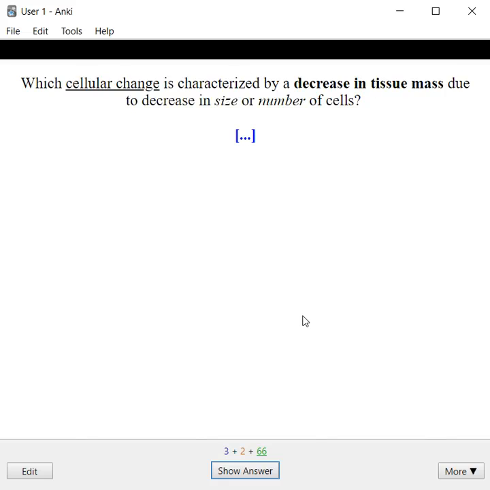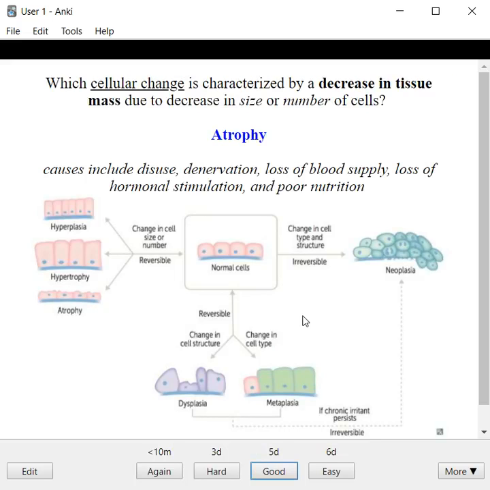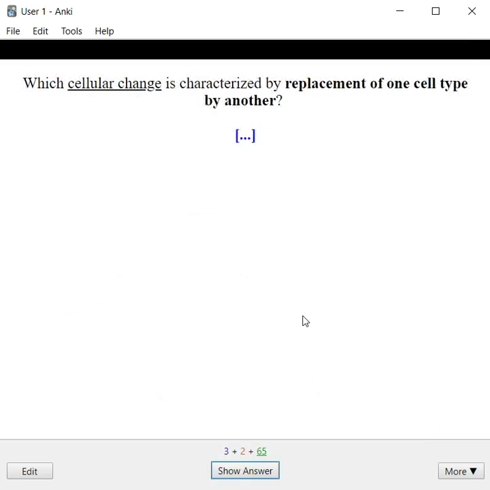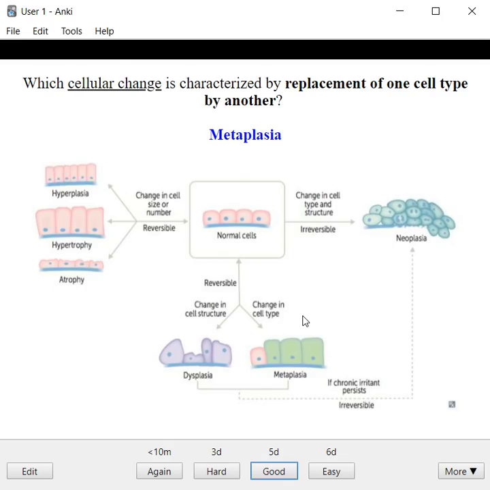Which cellular change is characterized by a decrease in tissue mass due to a decrease in size or number of cells? That's atrophy. Which cellular change is characterized by replacement of one cell type by another? Metaplasia.